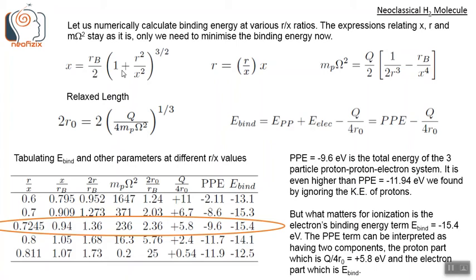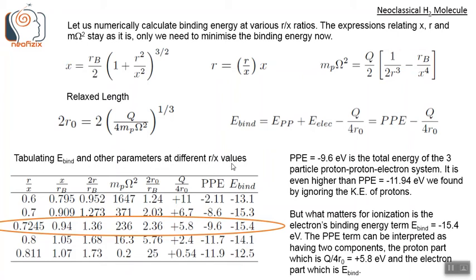So this is x we saw earlier, this is how we get r we saw earlier, and this is the equation for m_p omega square for calculating omega given r and x, or for relating r, x and omega. And this is, for a given omega, how we calculate the relaxed length, and this is the binding energy term we defined in the previous slide. It is nothing but the total energy of the three particle system, PPE, minus q by 4 r naught.